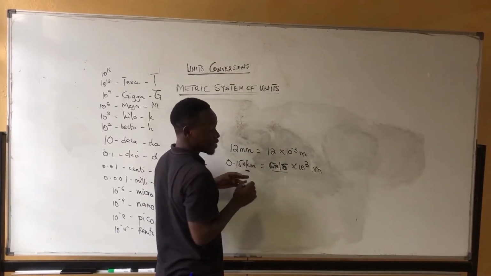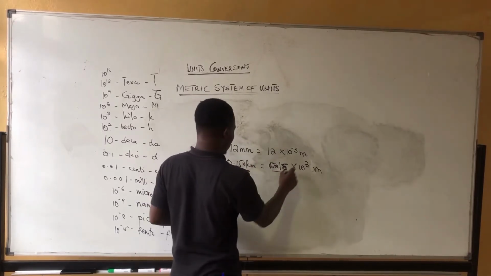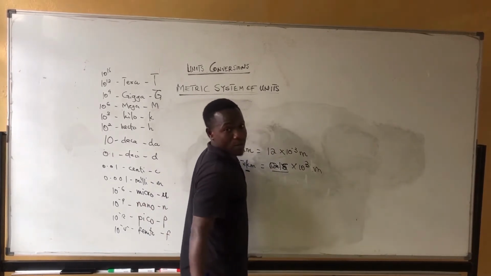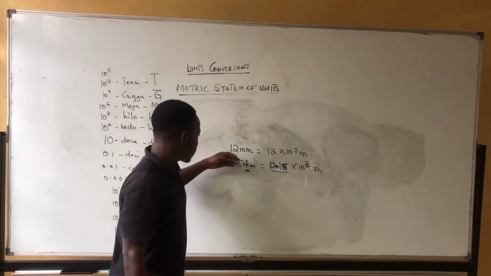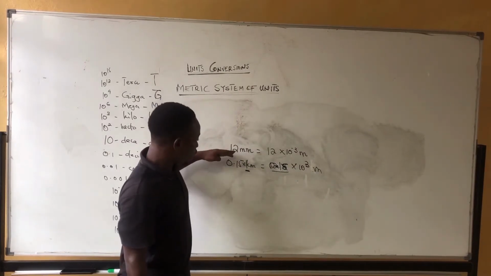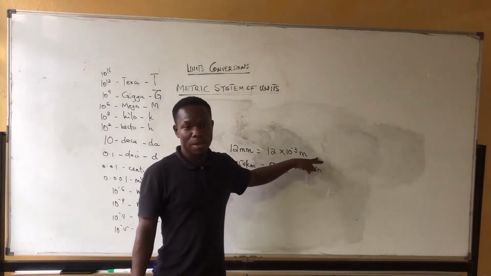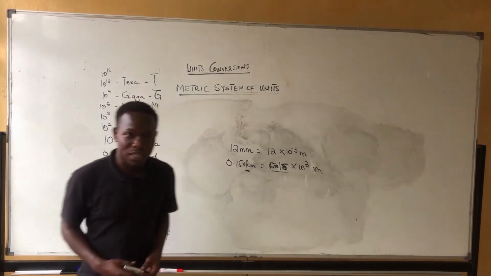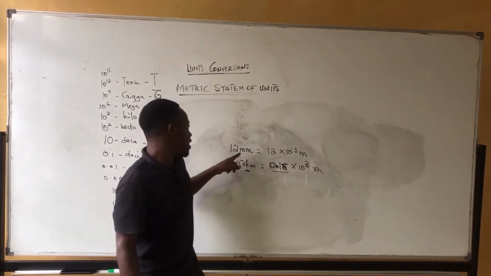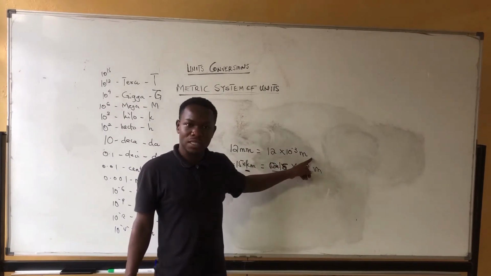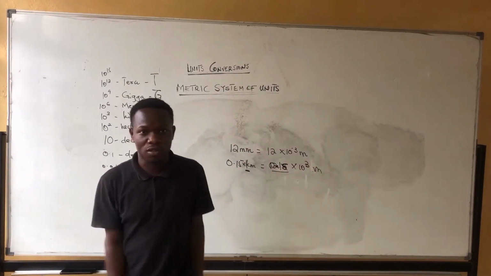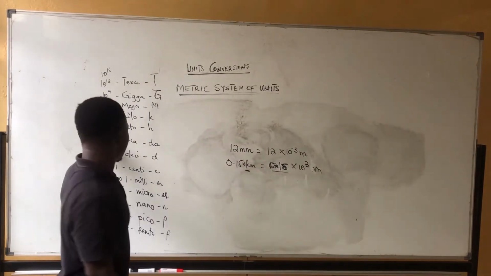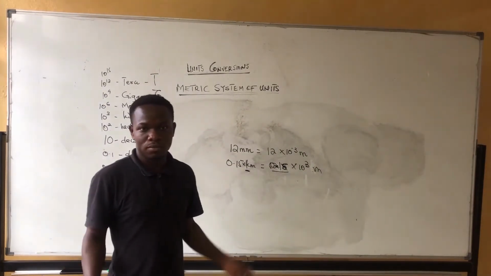If there is no sign here, it means multiplication. So 0.15 multiplication, kilo, 10 to the power 3, and then meter here. So I can express values written with prefixes in their base unit by just substituting their value. I've also changed a number written in millimeters to meters by simple substitution. All I needed was to know the value of each of the prefixes, and then I can do my substitution. Bingo.